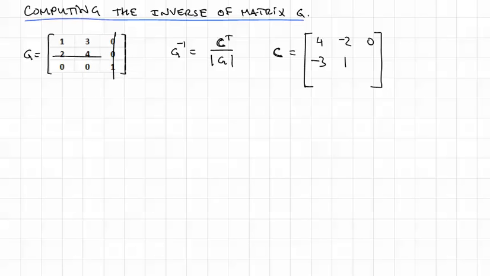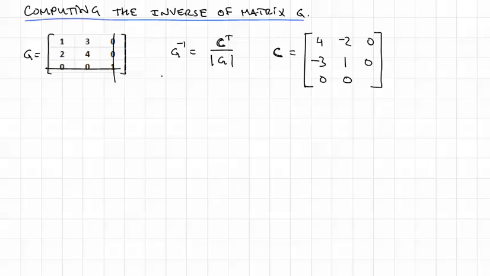Then the 2, 3 position again gives us a minor of 0: 1 times 0 minus 3 times 0. Last row, we'll have 3 times 0 minus 4 times 0, then 4 times 0 minus 2 times 0.